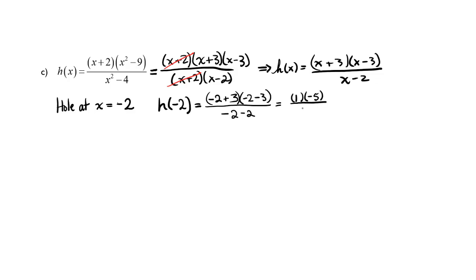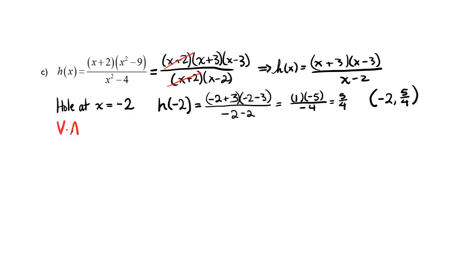Simplifying gives me 1 times -5 all over -4. So I have a coordinate point for a removable discontinuity at 5/4. So the coordinate point for the hole is (-2, 5/4).